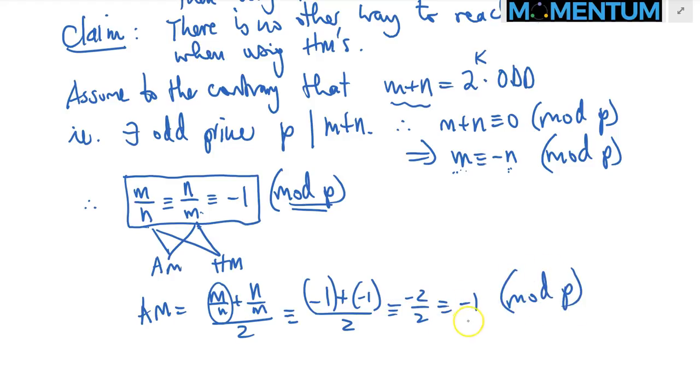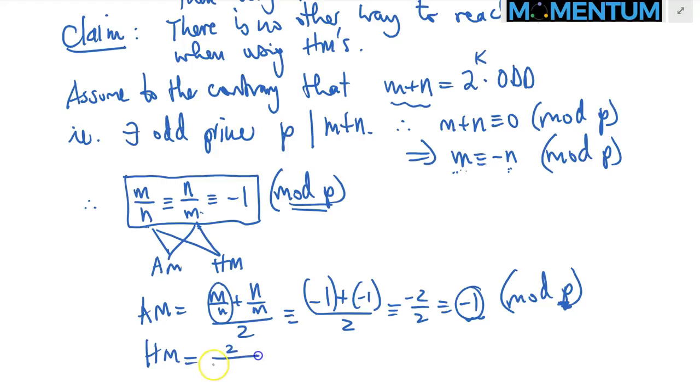But wait a second, our goal is to reach 1 mod p. And obviously for an odd prime p, 1 is not congruent to minus 1. These two are only congruent to each other if the modulus is 2. How about the harmonic mean?